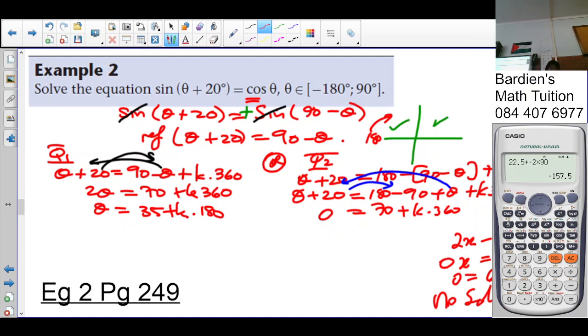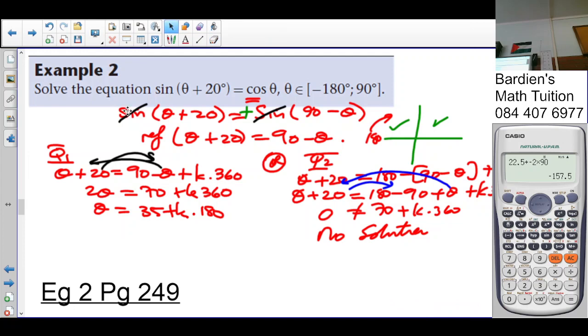If you got 0 is equal to 0, or 5 is equal to 5, then all real values of x exist. But if a number is equal to a different number, then we write no solution. There's no solution on this branch, but there's a solution on the other branch, of course.